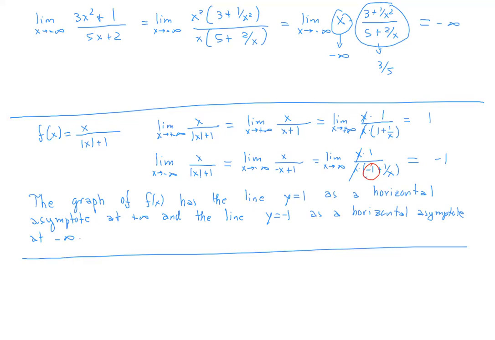I would like to finish with a very interesting limit. We'll do a limit of not a rational function, but we're going to use some of the principles that we have seen before. It's a very interesting limit, though.